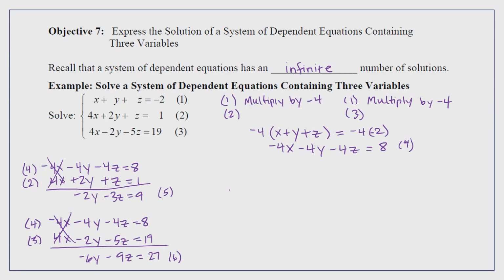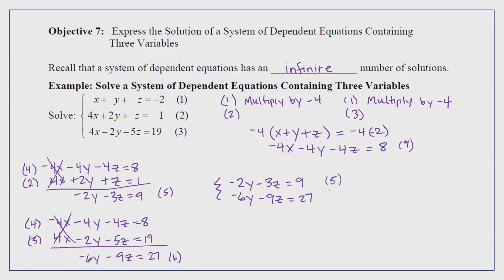Okay. So I then have my two-equation system of equations. So -2y minus 3z equals 9, and minus 6y minus 9z equals 27.